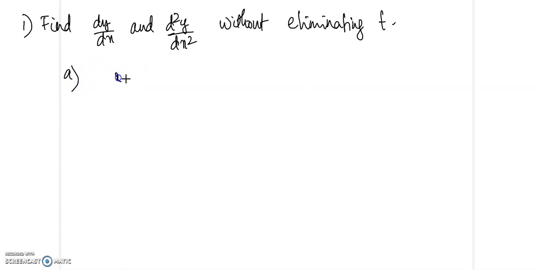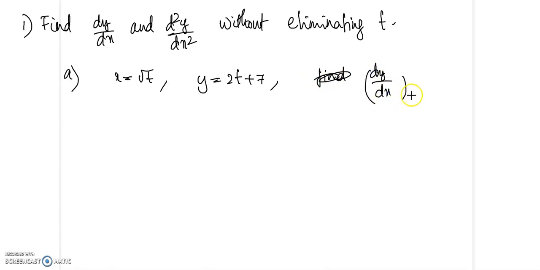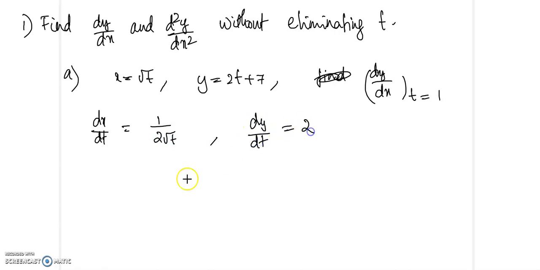So if you have x equal to root t and y equal to 2t plus 7, find dy by dx at t equal to 1. So we have dx by dt equal to 1 by 2 root t, and dy by dt is equal to 2.